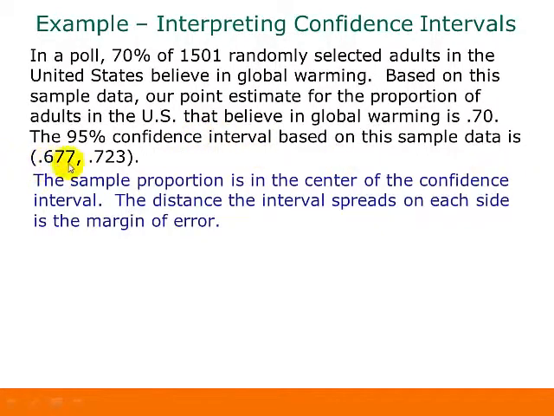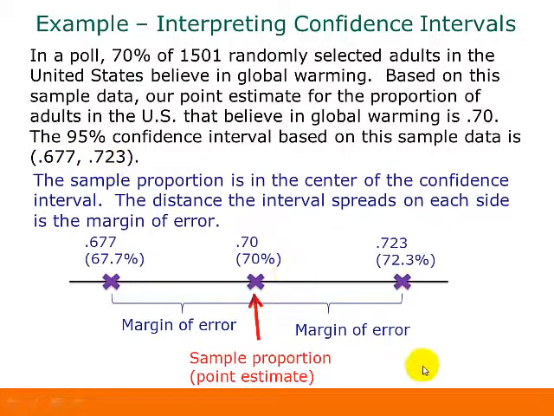So what we're doing here, representing the confidence interval, is just giving the lower limit and the upper limit. And here's what it looks like if we graphed it on a number line. Here is our point estimate right in the middle of the confidence interval. Here is our lower limit for the confidence interval, which is 0.677 or 67.7%.